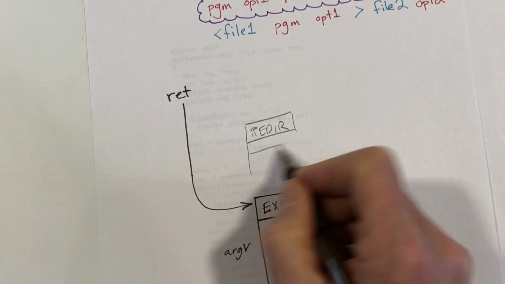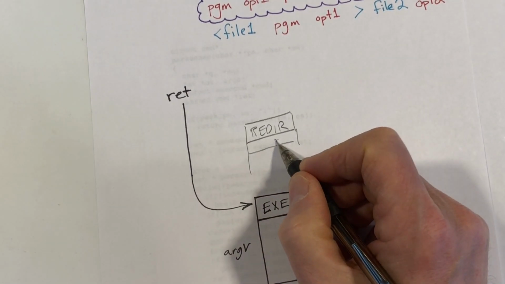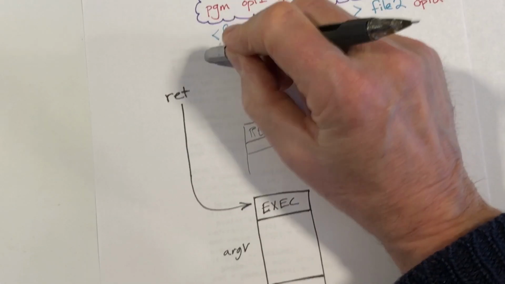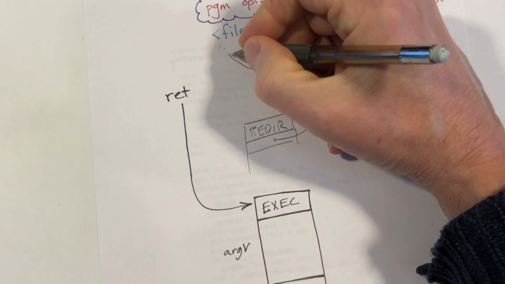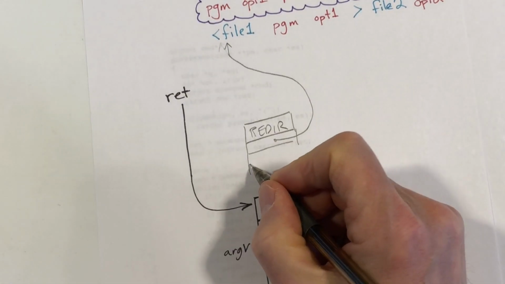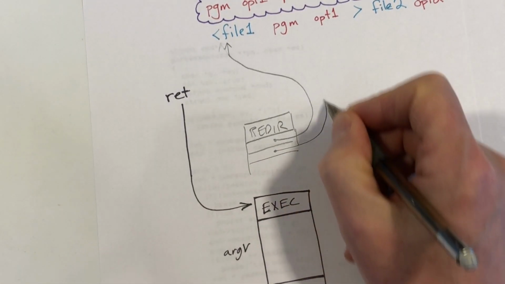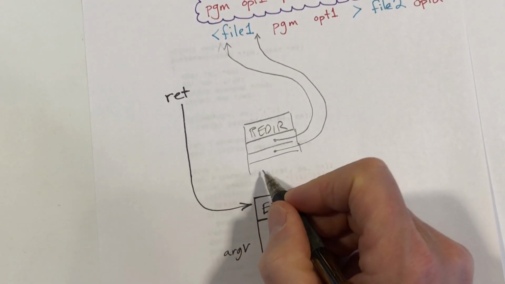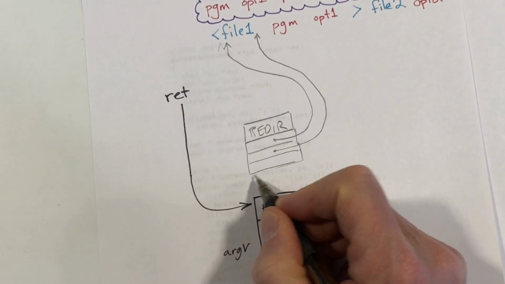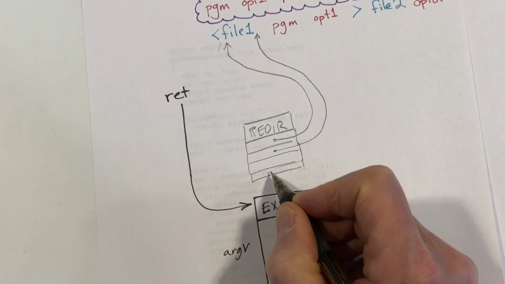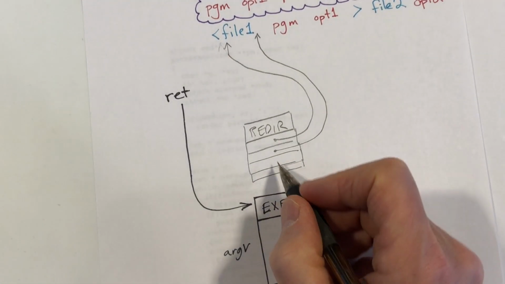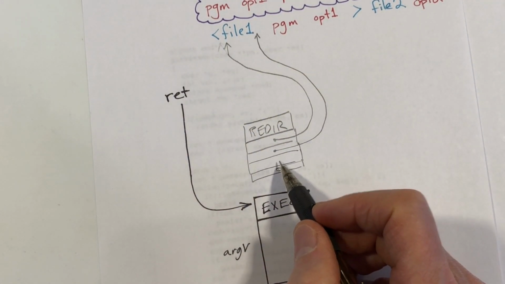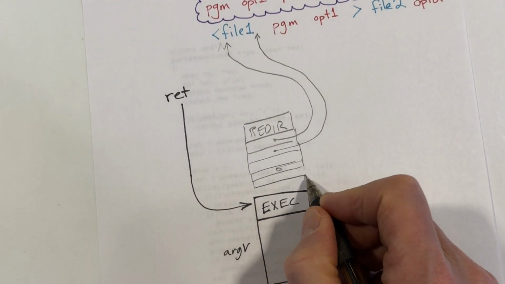It's got a pointer to where in the string the file name starts, not to the less than symbol. And it's got a pointer to where it ends, so the byte directly after that. And it's got the mode and the file descriptor. In this case, it's an input, so that would be 0. The file would be open for read-only. And finally, it's got a pointer to the subtree.